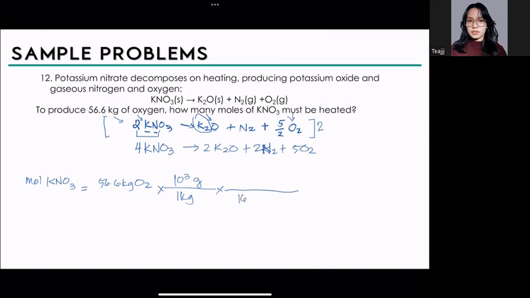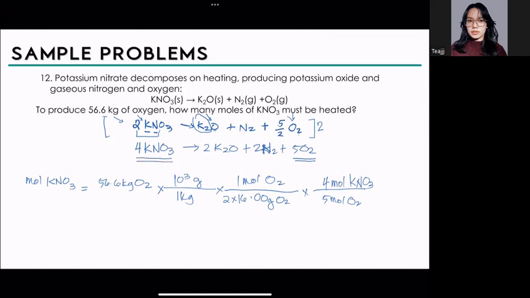So that's 16 times 2. Kasi nga O2. Diba? O is 16. Since O2, you'll have 16 times 2 per mole of O2 times 5 moles of O2 per 4 moles of KNO3. Saan yan galing? It came from here. 5 moles of O2 sa reaction is equivalent to 4 moles of KNO3.